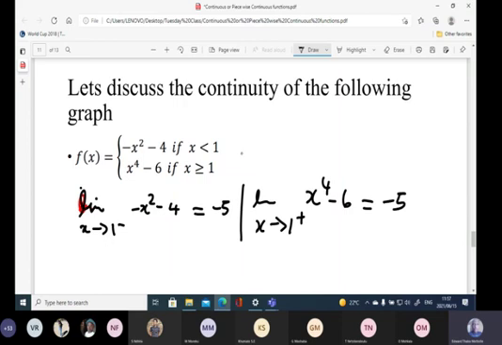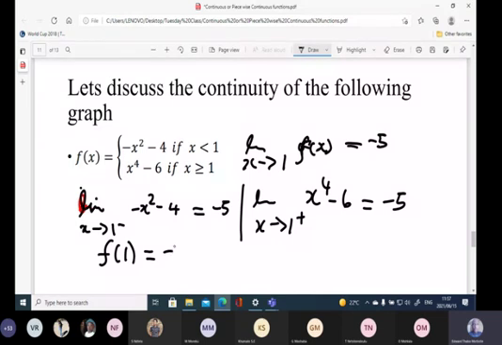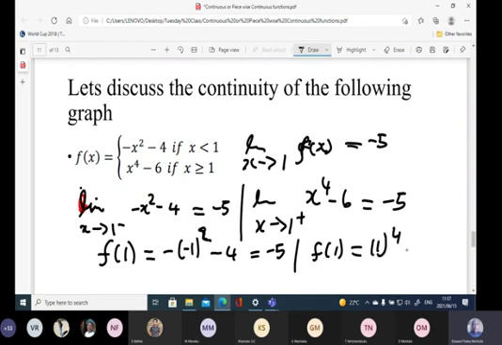So we conclude that the limit as x approaches 1 of f(x) is equal to minus 5. If it exists, then it's equal to minus 5. Now f at 1 is equal to minus 1 to the power 2 minus 4, and this is minus 5, and f at 1 again there is equal to 1 to the power 4 minus 6 equals minus 5.